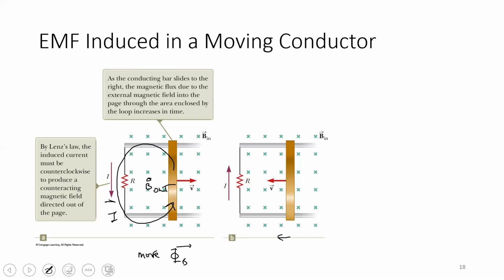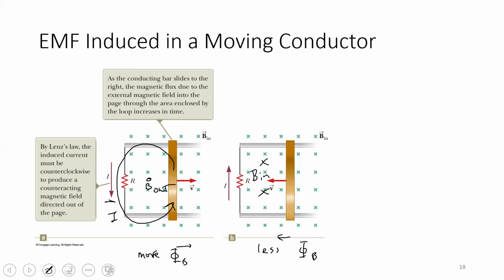Okay, so if we go the other way, if we move our rod in towards our resistor, we're shrinking the area of our current loop. And what we're going to see if we're shrinking the loop is less flux through the loop. And so our induced EMF is going to want to resist this. So our induced EMF is into the page.